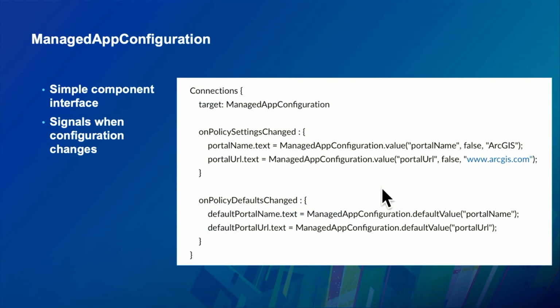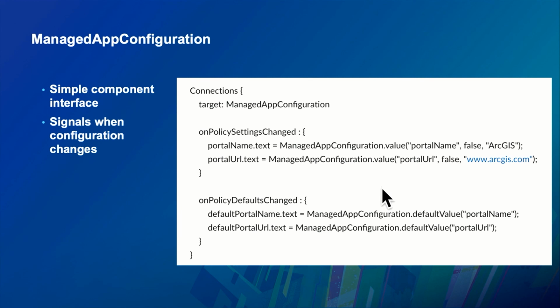From your code point of view, it actually ends up being pretty simple. So we've got a new import called management, and inside it, it's got a managed app configuration. So this is a component that you can use in your application to basically retrieve configuration parameters that can be sent down to the app. So it's basically like a settings file.